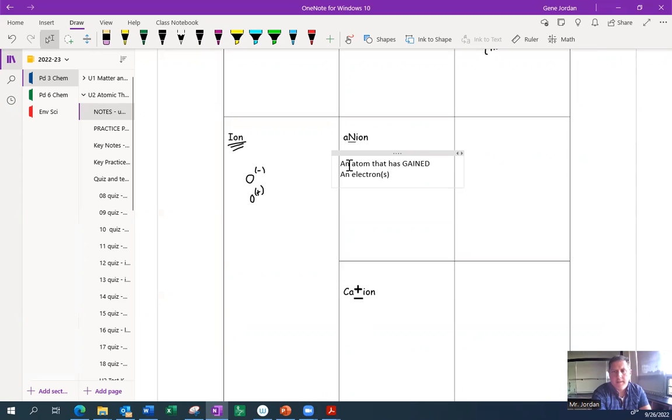So when the electrons are greater than the number of protons, it creates a negative ion called an anion.